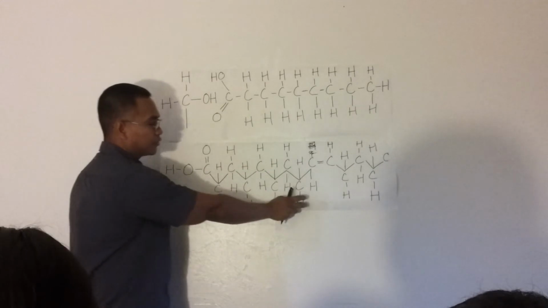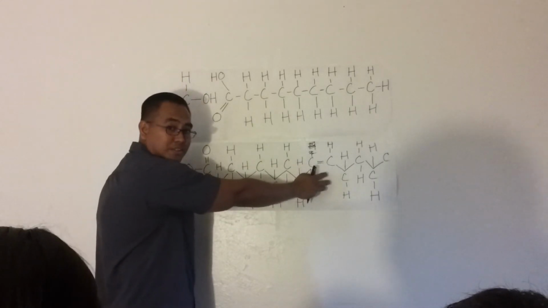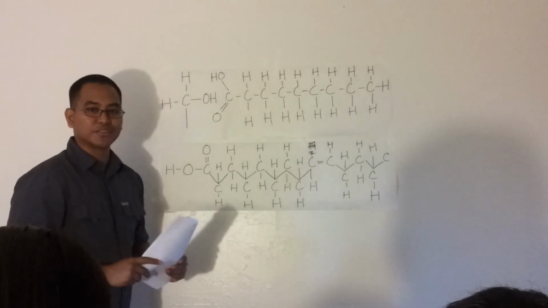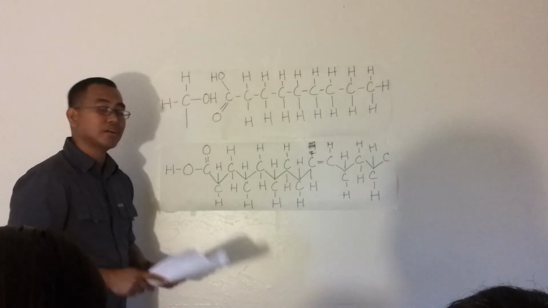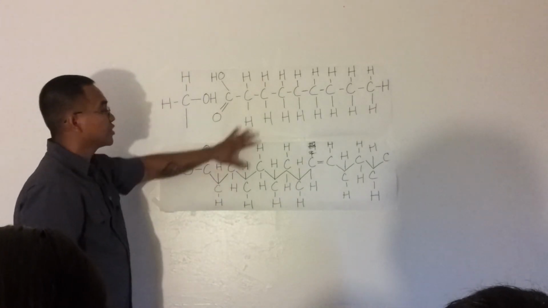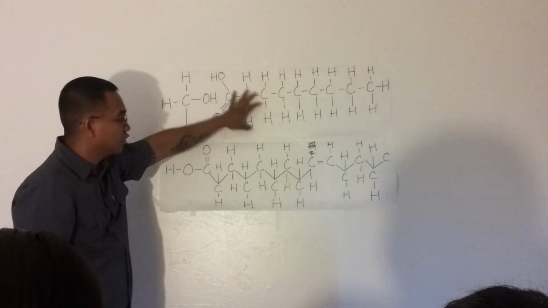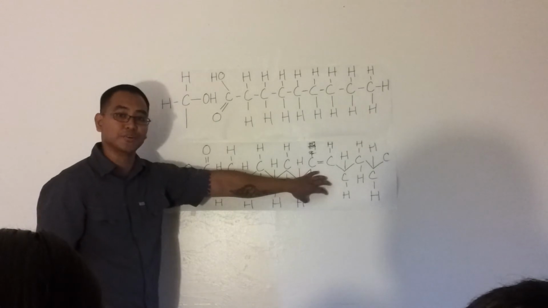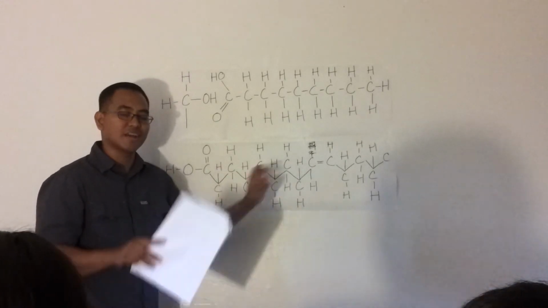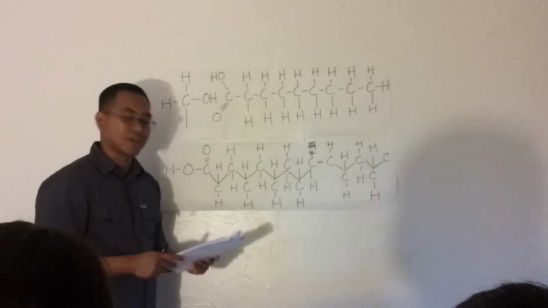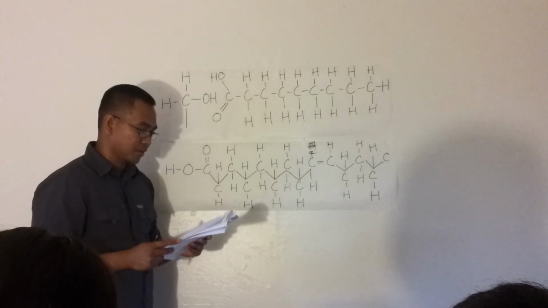Down here, you can see we're missing some hydrogen, right? So, hence the word saturated. When you hear the word saturated, they're talking about it's saturated with hydrogen. So that's saturated fat, and over here we have less hydrogen, therefore it's unsaturated. So that's where the term saturated and unsaturated fat came from.